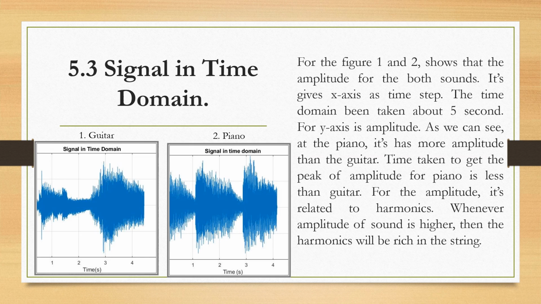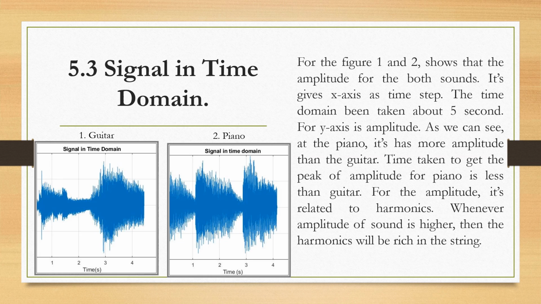Next, for the signal in the time domain, the guitar is on the left side and the piano on the right side. It shows the amplitude for both sounds against time step, and the time taken is approximately 5 seconds.